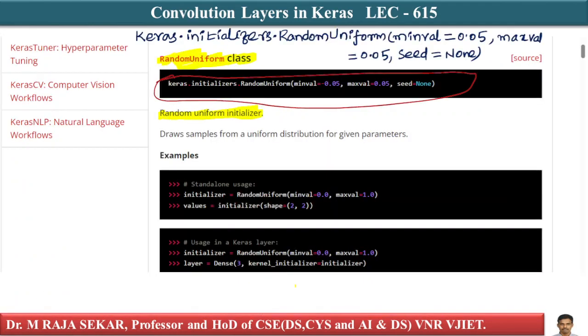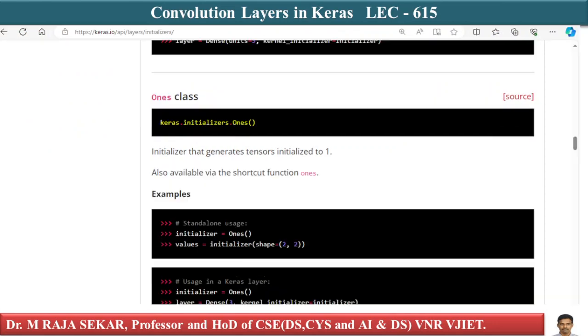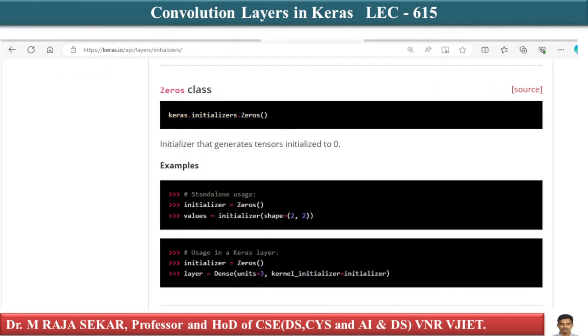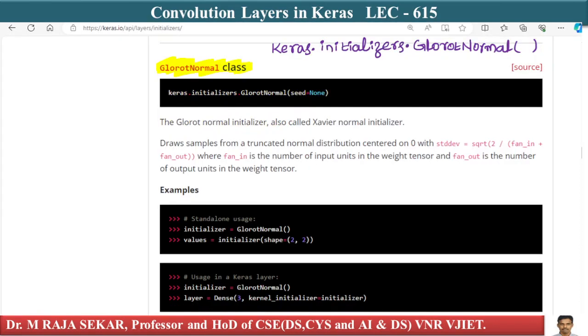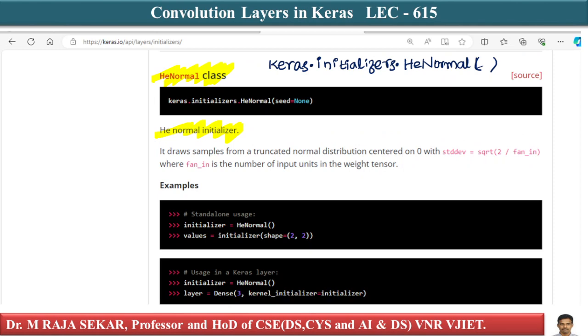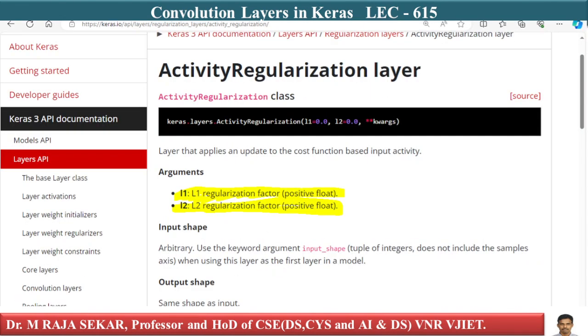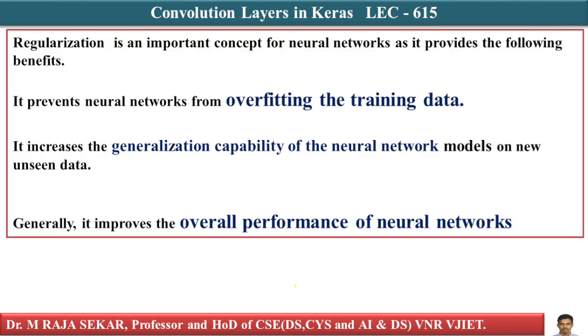In similar manner, random uniform initializer with min value and max value. You can have the zeros class, the ones class, keras.initializers.GlorotNormal, keras.initializers.HeNormal, isn't it? Then regularization layers, L1 regularization, L2 regularization.